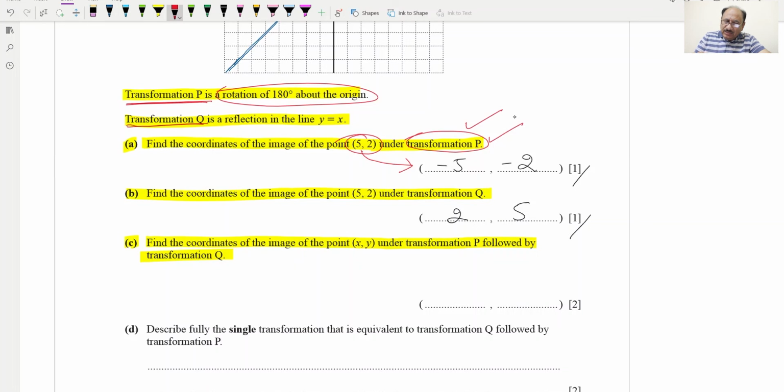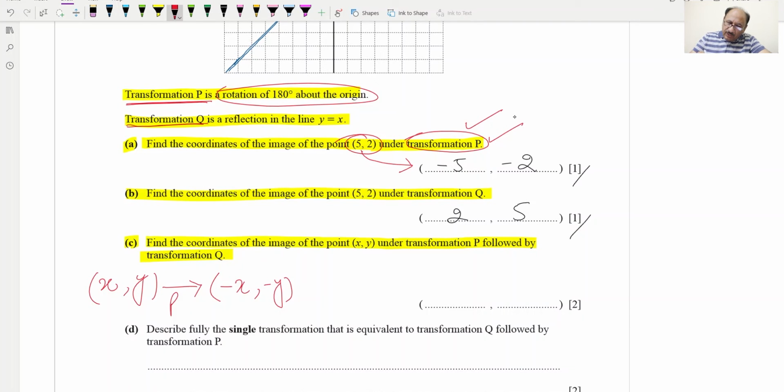It means P is changing signs. So if we apply transformation P on (x, y), the signs will be switched, and it will be (-x, -y).